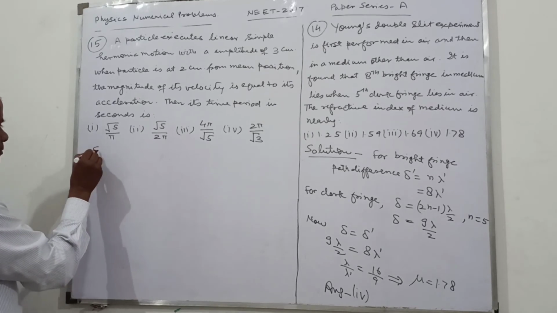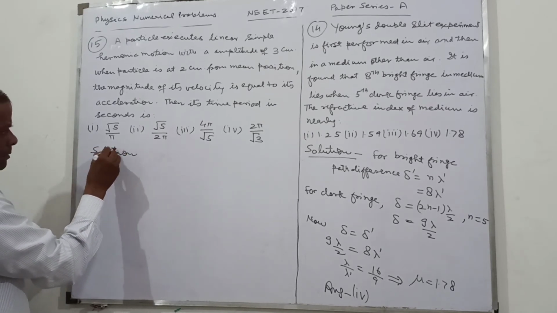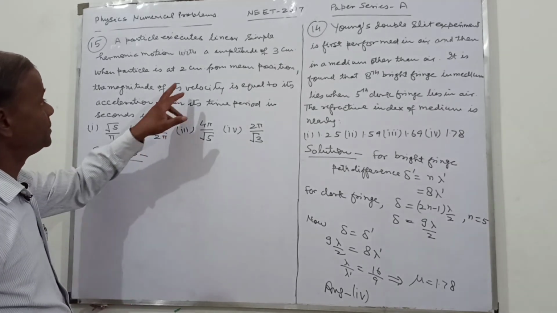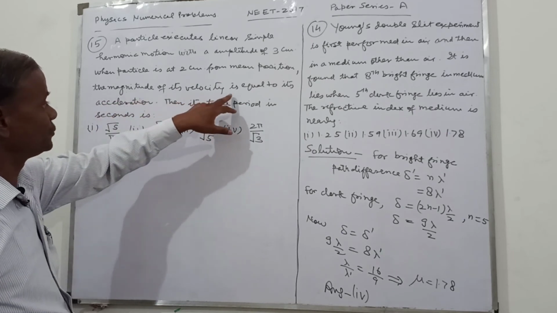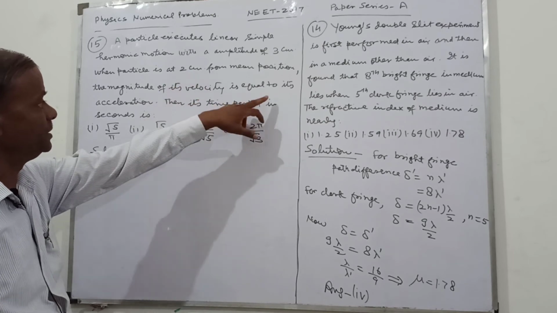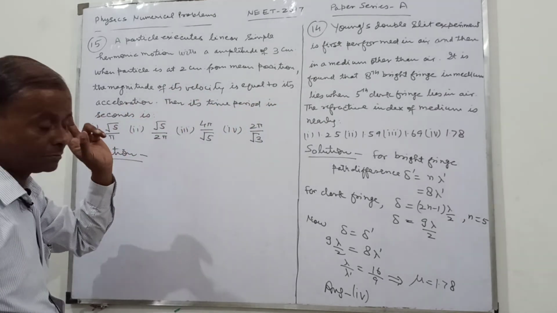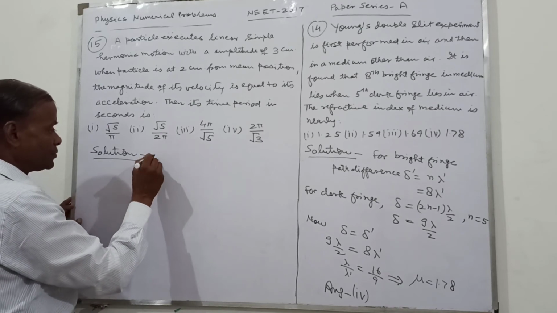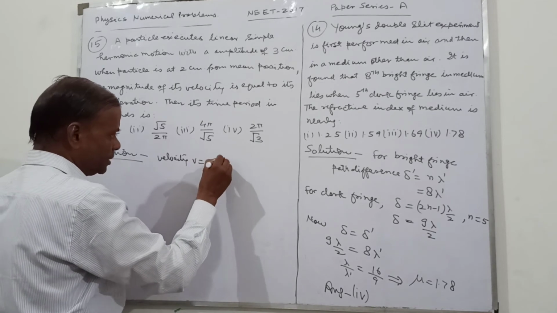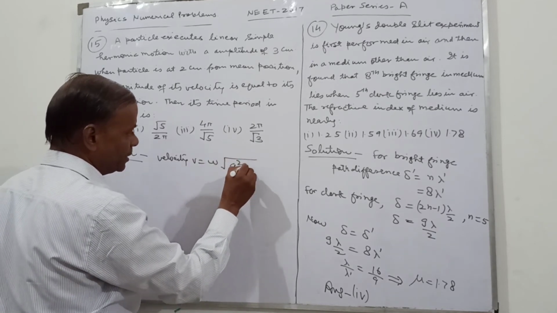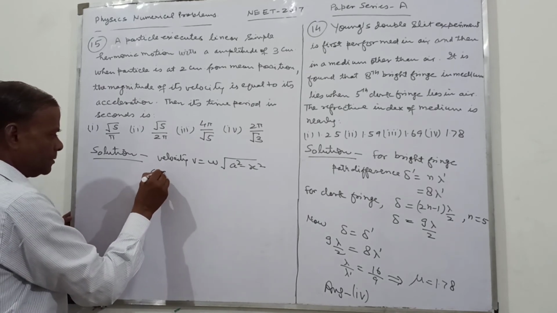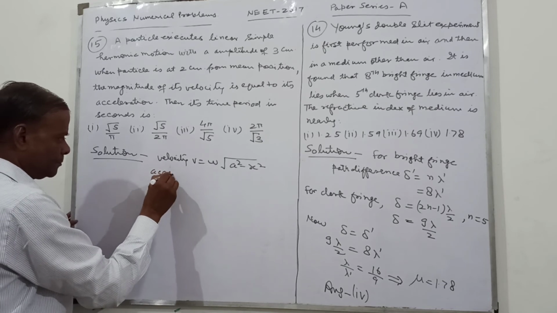Now the solution. You are given a simple harmonic motion, and it is given that the magnitude of velocity at a distance of 2 centimeter from the mean position is equal to its acceleration. So what we have, the velocity v equal to omega square root of a square minus x square, and the acceleration.